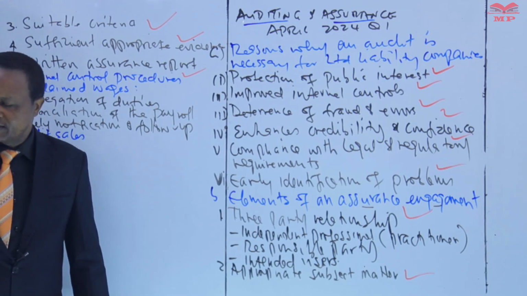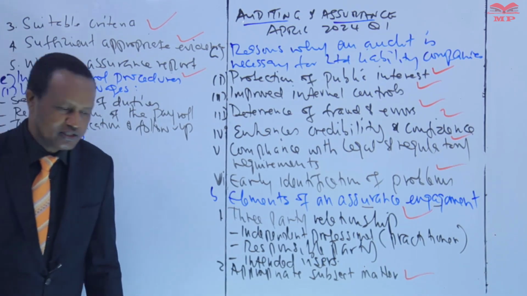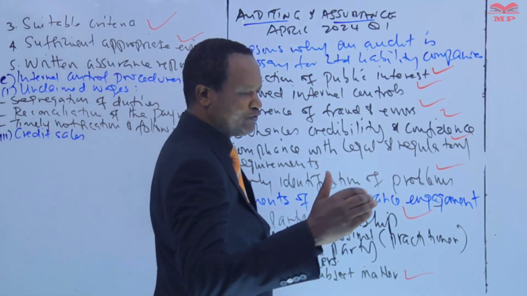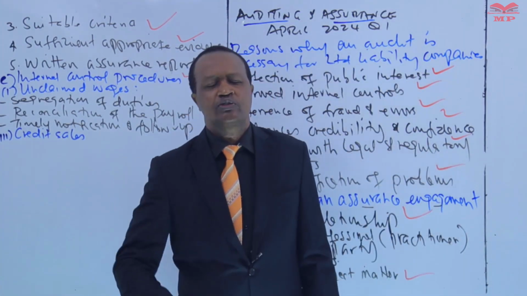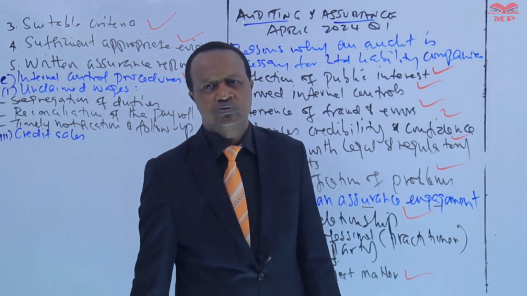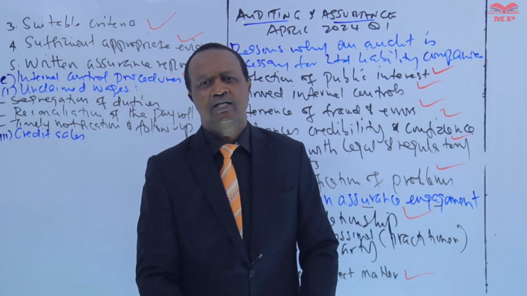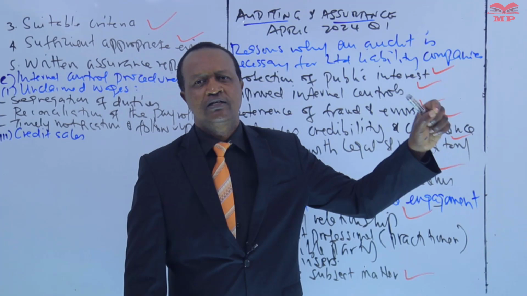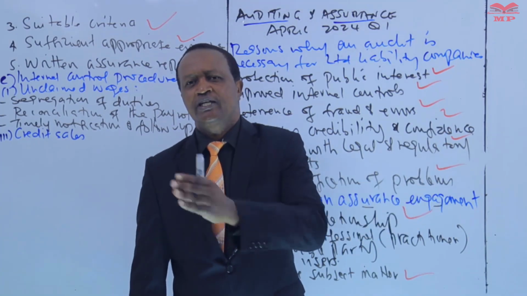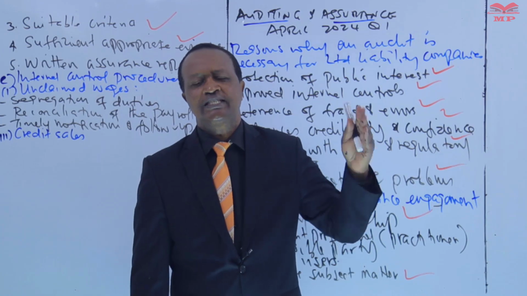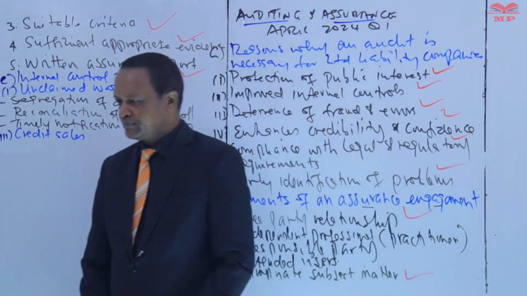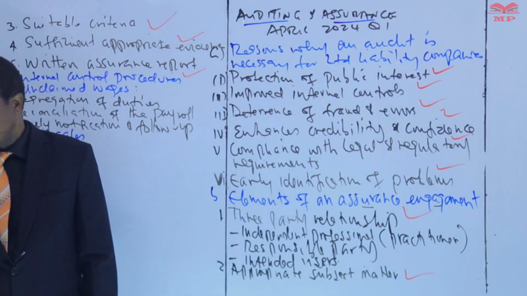As long as there is a process that involves many people, in accounting, segregation of duties is a control. As long as there are many tasks to be performed in that process, segregation of duties is a control measure. So that is a point.